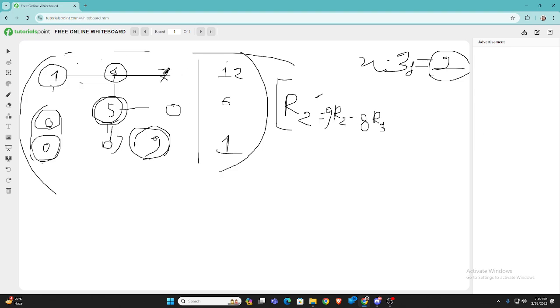Yeah, it will be 0, and for this 9 into 9 into... oh, I forgot something. R1 equals 7 R1.